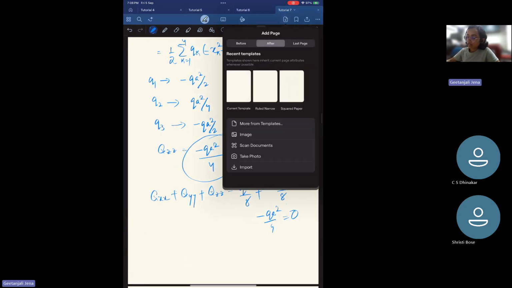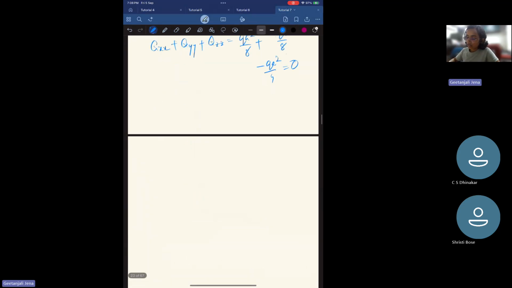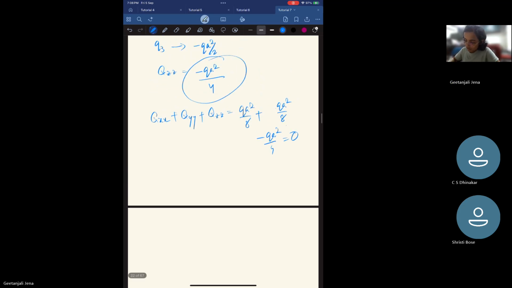Now we'll see what the off-diagonal elements are. One is Qxy, Qyz, and Qxz.